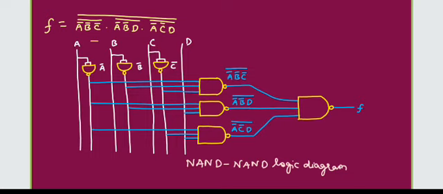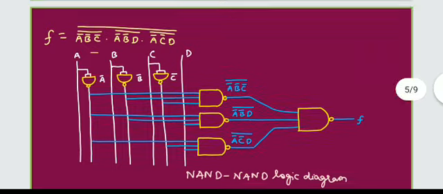A bar, C bar and D. So these three terms are generated by using 3 NAND gates. Finally, what do we need to do with these 3 terms? We have to multiply and complement the whole 3 terms. So for that we finally used one NAND gate to get F. I hope you understand this.